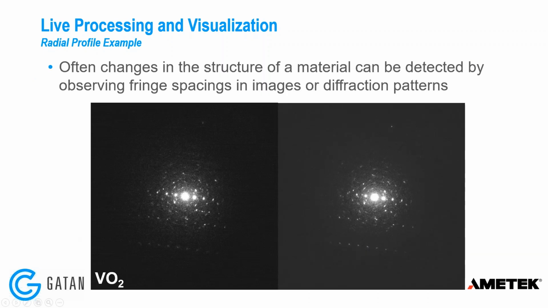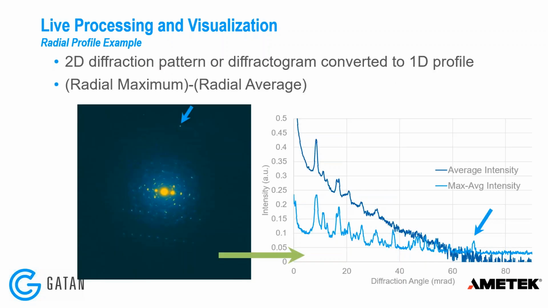The next couple of examples, I want to show a different kind of profile. So not a linear profile, but a radial profile. And this is useful for diffraction patterns or diffractograms. And because of time, I don't have time to really explain this in detail.